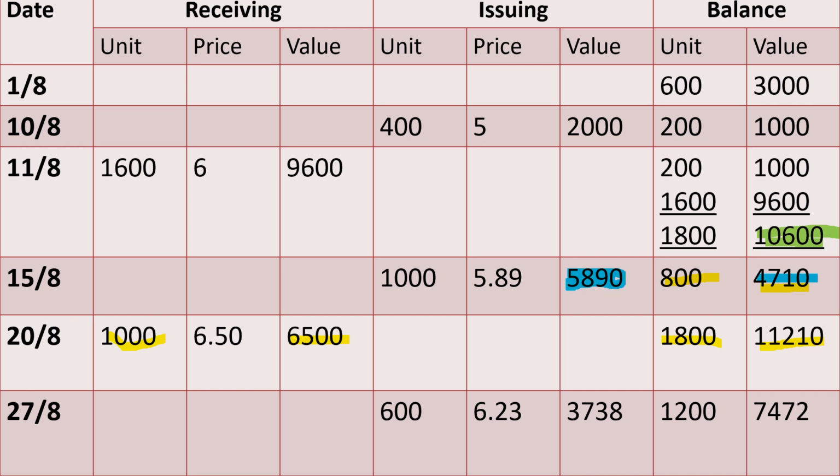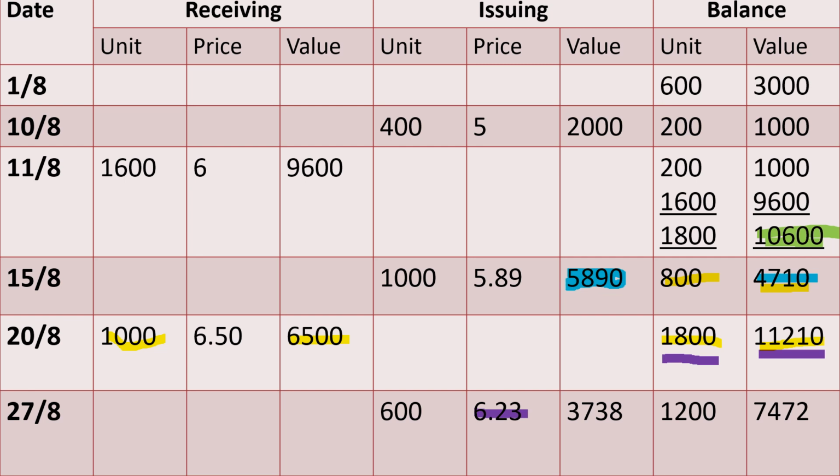So on 27th August, what has happened? They have sold another 600. So we have to take the weighted average price to issue. That is 11,210 divided by 1,800. So the value is $6.23.